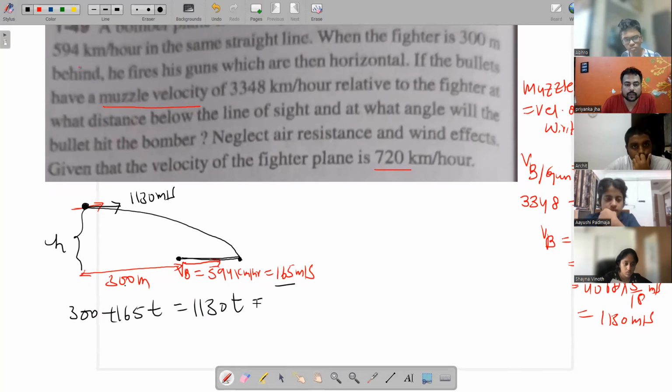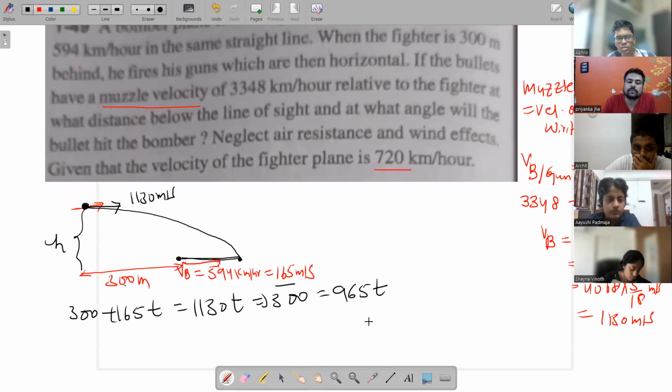You can solve it. 300 equals 1130 minus 165, how much? 965, right? Sir, the answer is 0.48 meter. So T can be given as 300 upon 965. Tell me the value.